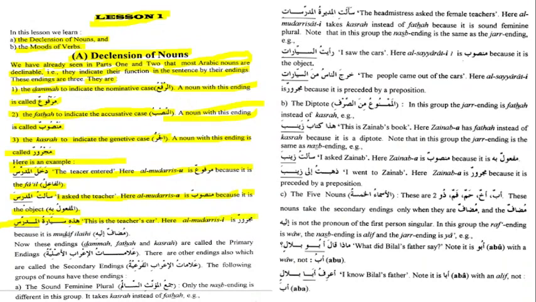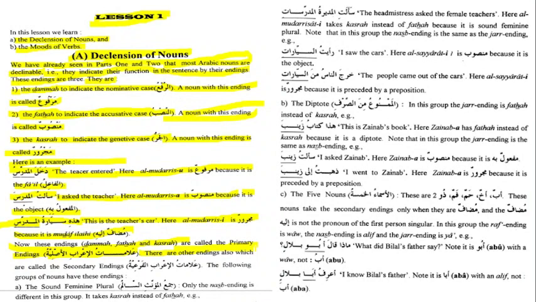Here al-mudarrisun is majrurun because it is the mudafun ilayhi. Now these endings, the dhamma, the fatha, the kasr, are called the primary endings, the alamatu al-i'rabi al-asliyah.